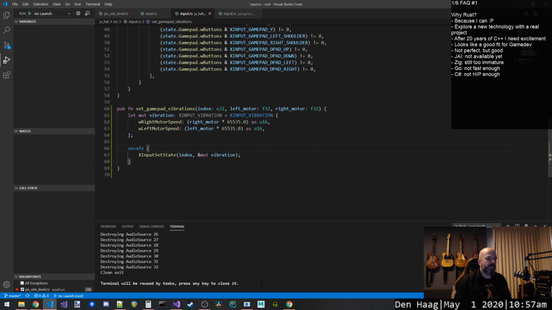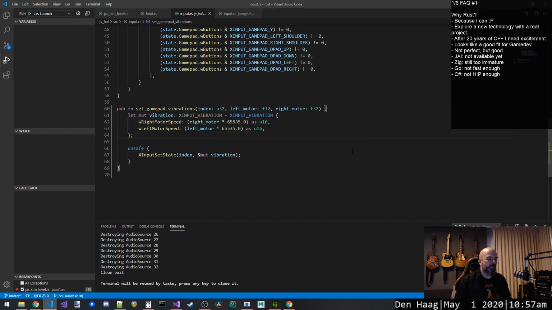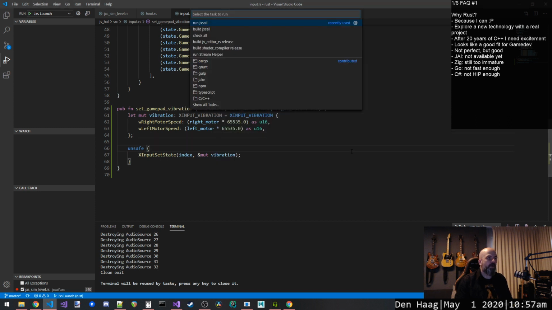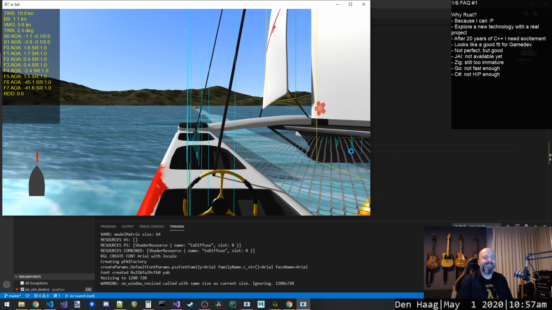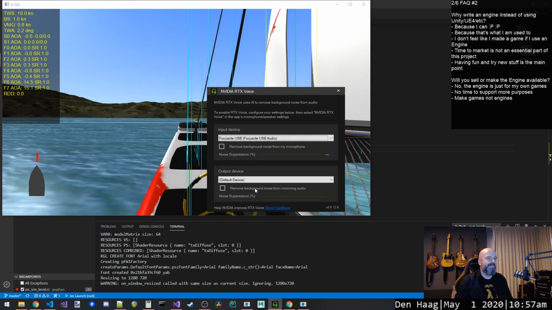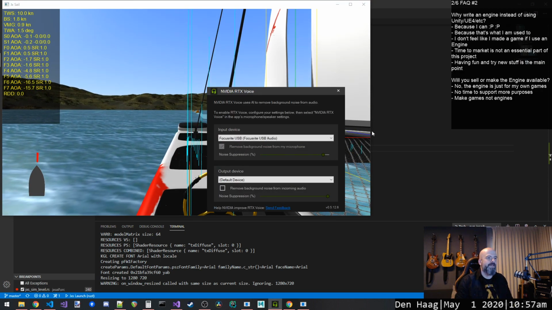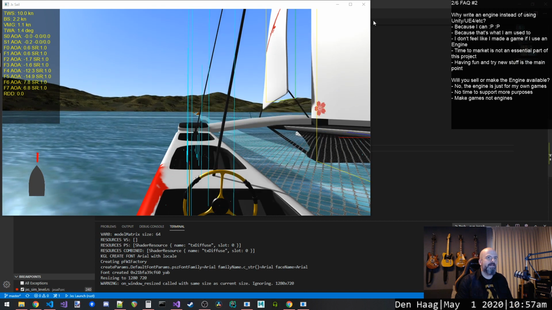I think you cannot hear it because of the NVIDIA thing. Let me turn it off so you can listen to the glory of my desk vibrating. Thank you, NVIDIA. It's gone thanks to NVIDIA.